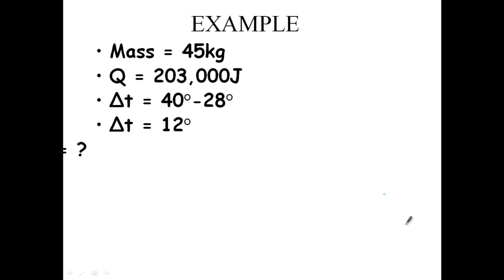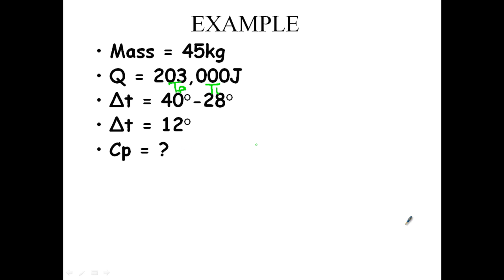All right, so if I give you a problem where the mass of some substance is 45 kilograms, the amount of energy needed to raise its temperature is 203,000 joules, and the temperature starts at 28 and ends at 40, remember it's final minus initial, T final, T initial, and that gives us a change of 12 degrees.